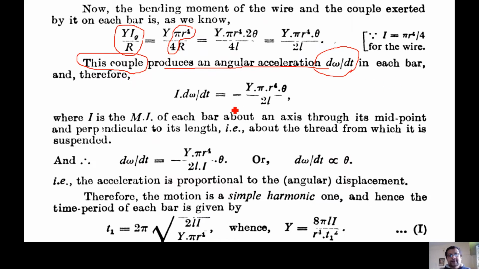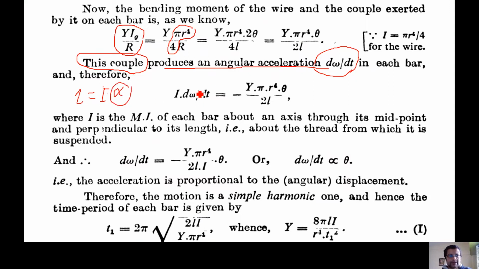So they accelerate with angular velocity omega, and the rate at which this angular velocity changes gives me the angular acceleration. So you have a torque, which is the moment of inertia times the angular acceleration alpha.